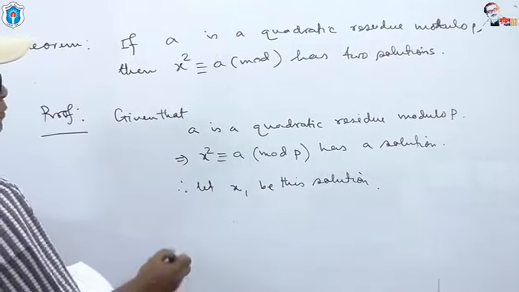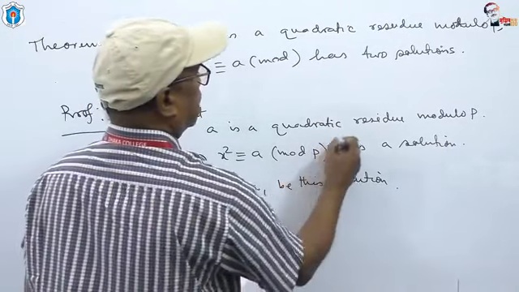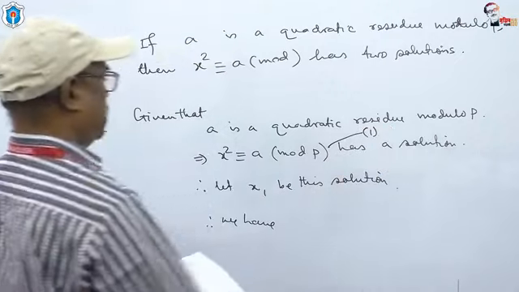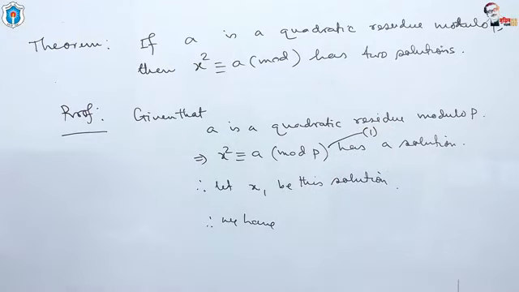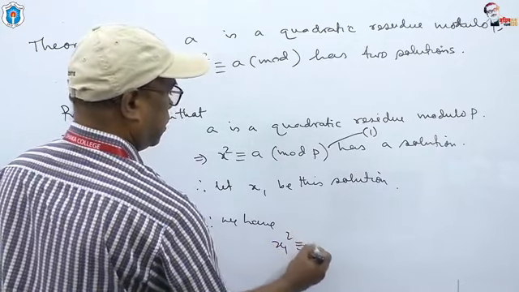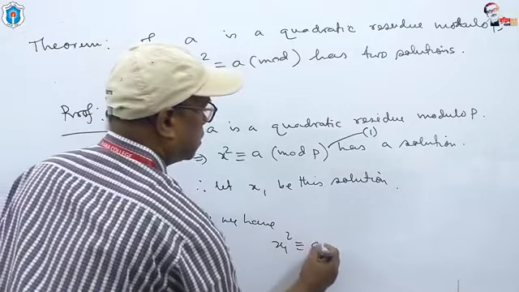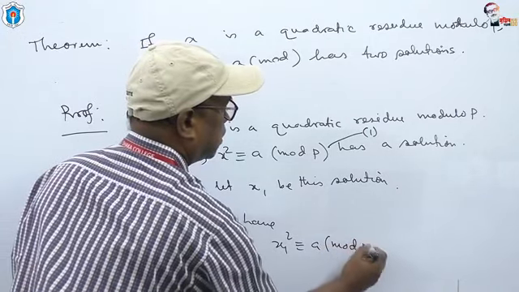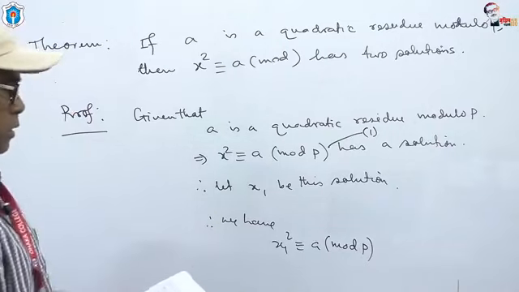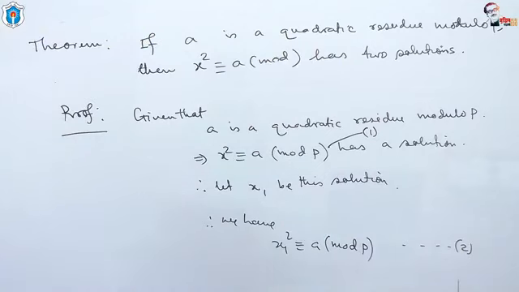We name this equation 1. Let x1 be this solution, then the quadratic congruence 1 will be satisfied by x1. This congruence is named as 2.